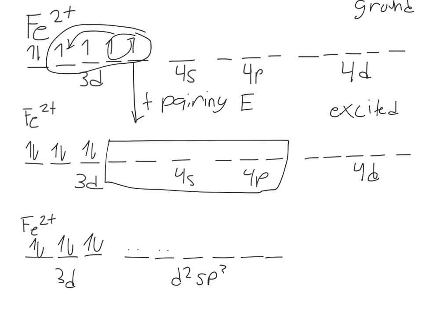I'm going to put all 6 pairs of electrons. So there's 6 sigma bonds, 4 from the carbon monoxide and 2 from the cyanide. And that will make this the bonded state.